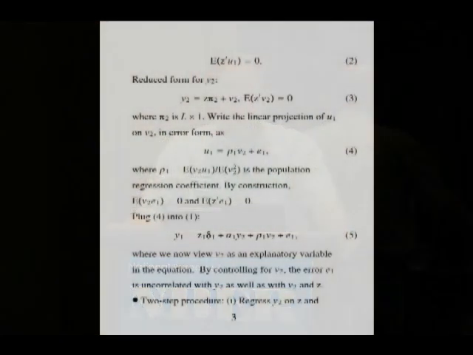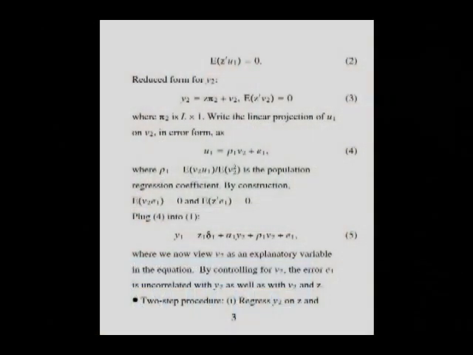We need an instrument for y2, and so this vector z has at least one more element than z1 does. Now, if we estimate this equation by two-stage least squares, say, the key condition, I didn't put the rank condition down on the slide, the key exogeneity condition is given by 2.